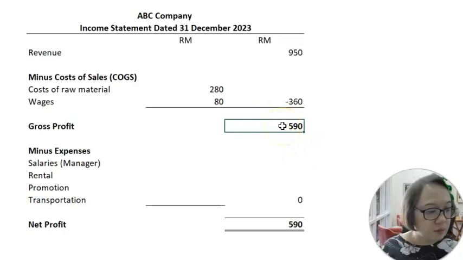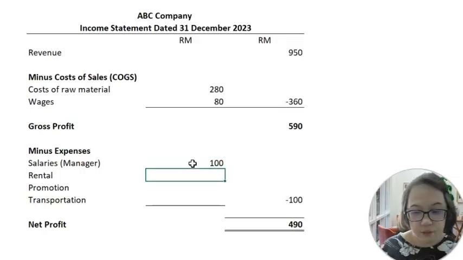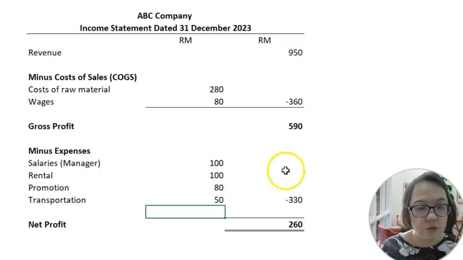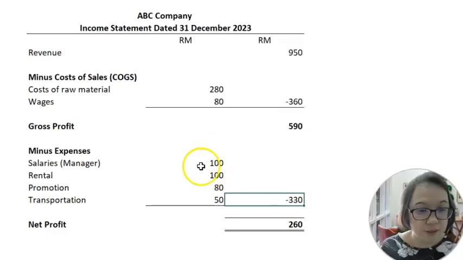After that, I have to minus all the other expenses that I have paid earlier. That is the salary, the rental, the promotion, and transportation here. You can see I have prepared another formula here, which will total the expenses and deduct them.